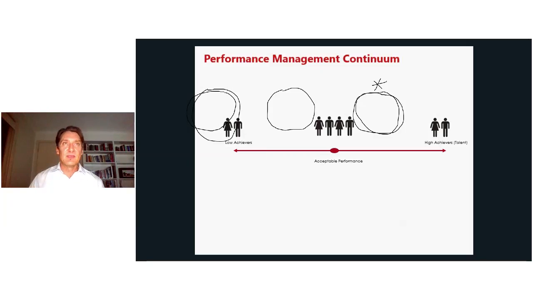If we look down this end of the continuum, the challenge for management is to bring them initially up to this point, to an acceptable level of performance, to be very clear about what that is, and to help coach and move that performance towards that level. And if that's unable to happen, then the alternative is that we look at a way that they can exit the business, and that may be through a formal performance management process where warnings are given or the like.